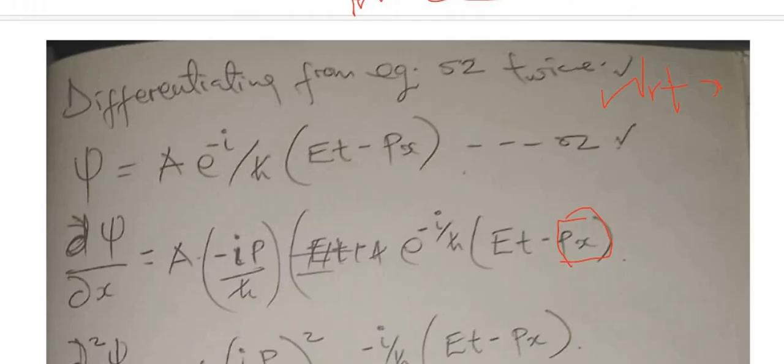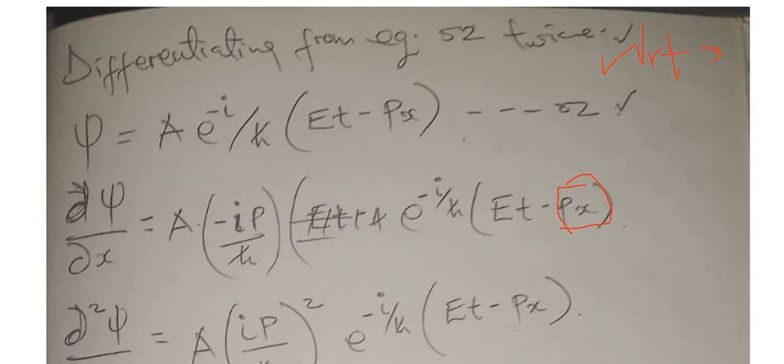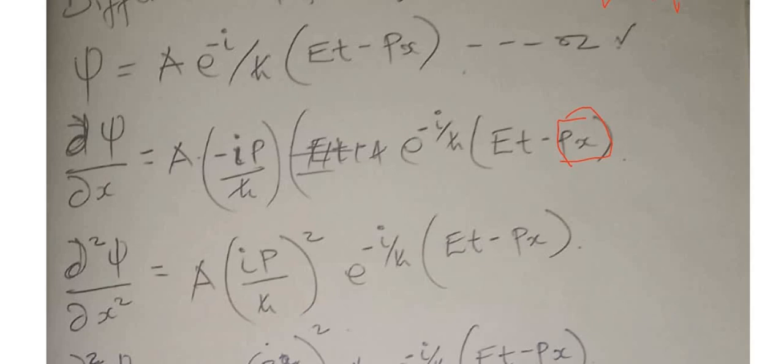On differentiating, the first derivative is delta psi all over delta x equals A multiplied by negative i p all over h bar, into exponential of negative i over h bar times (Et minus momentum times x). The second derivative will be A multiplied by that.